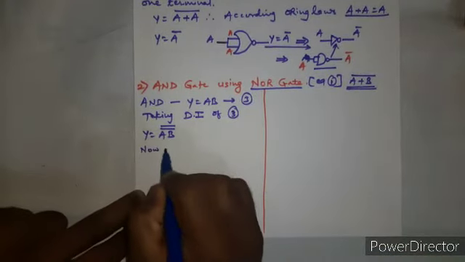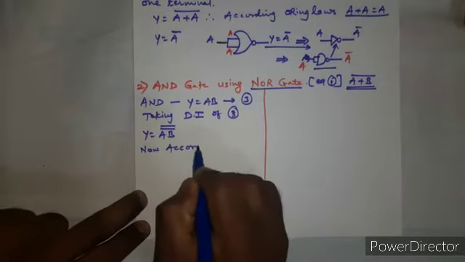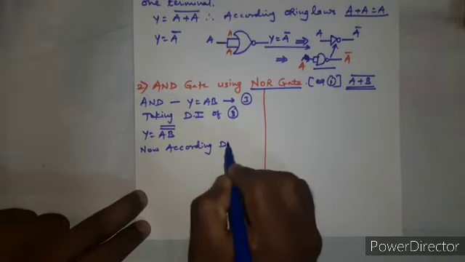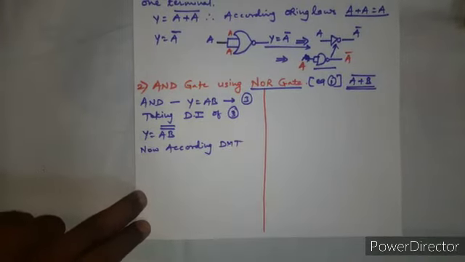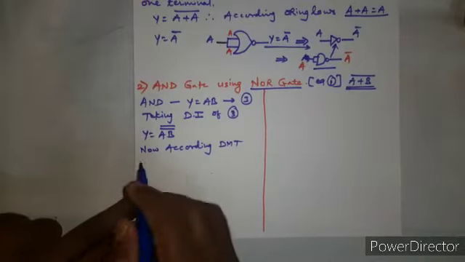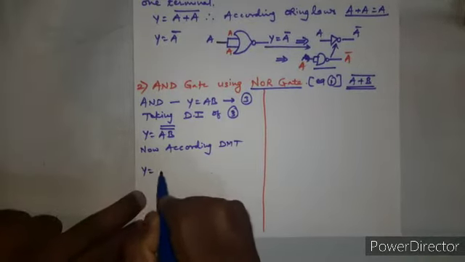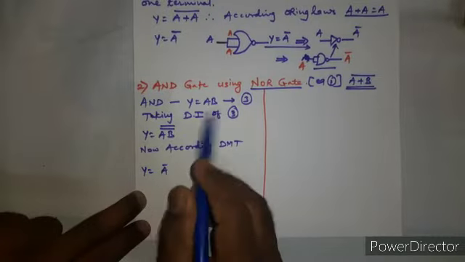Now according to De Morgan's theorem, can I say Y equal to A bar plus B bar, whole bar?